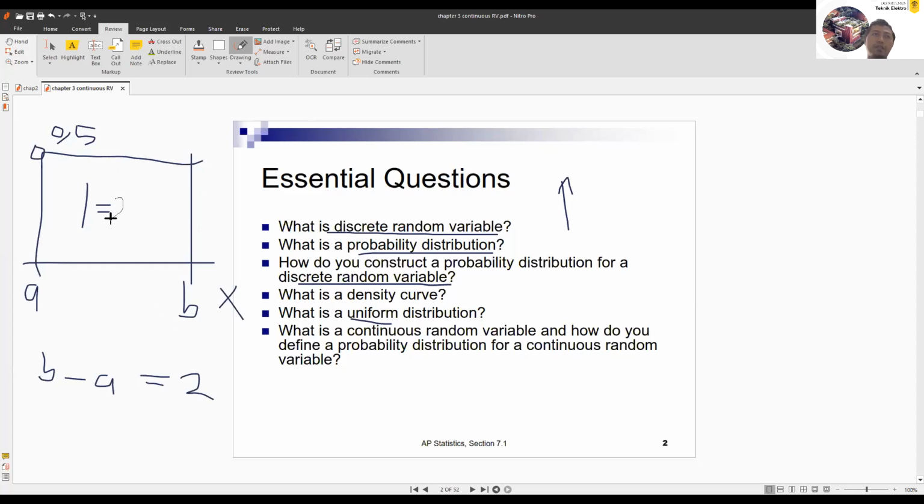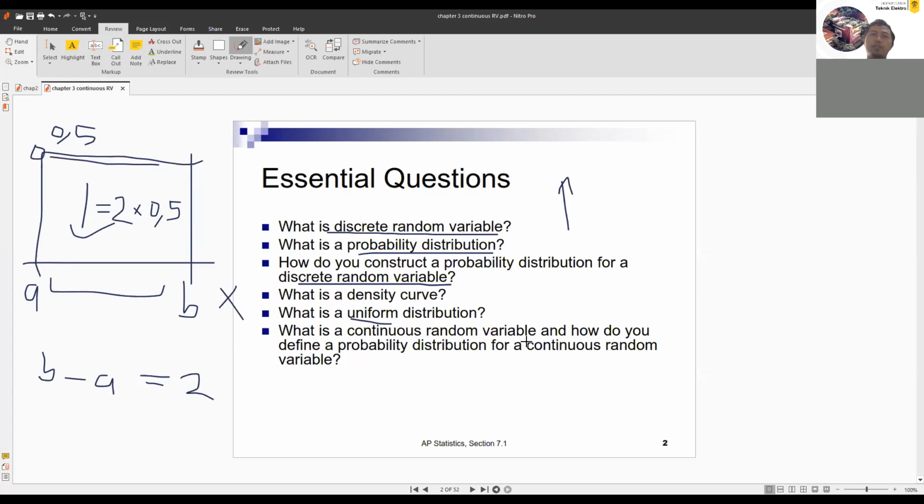If we know there is a 2 here, we should multiply by 0.5. So 2 multiplied by 0.5 equals 1. Okay, this is the uniform distribution.